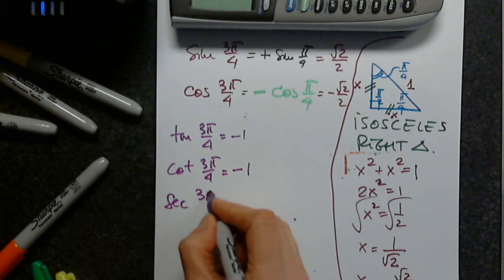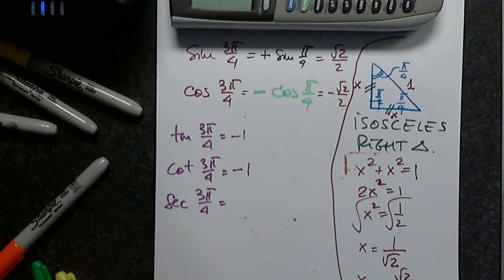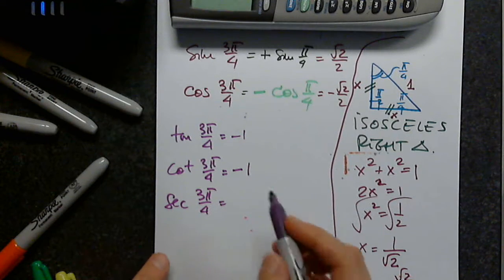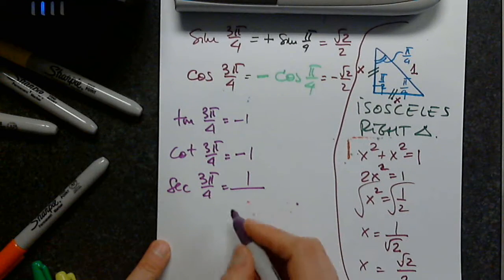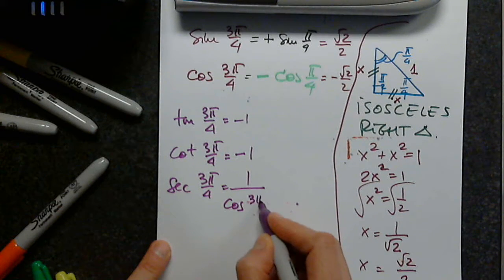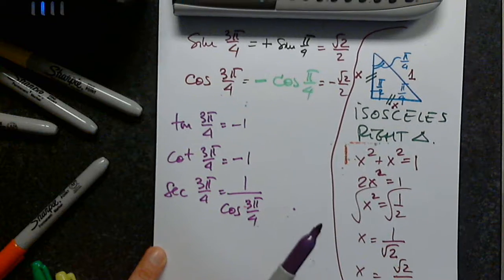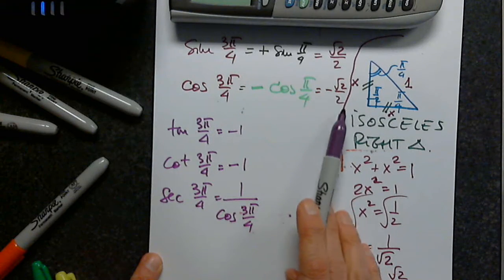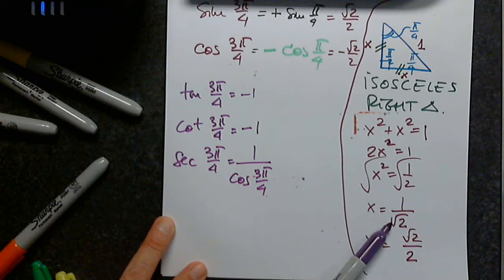Secant 3π/4. Secant is 1 over cosine. So cosine is negative the square root of 2 over 2, or this. Now this is easier to flip than this.